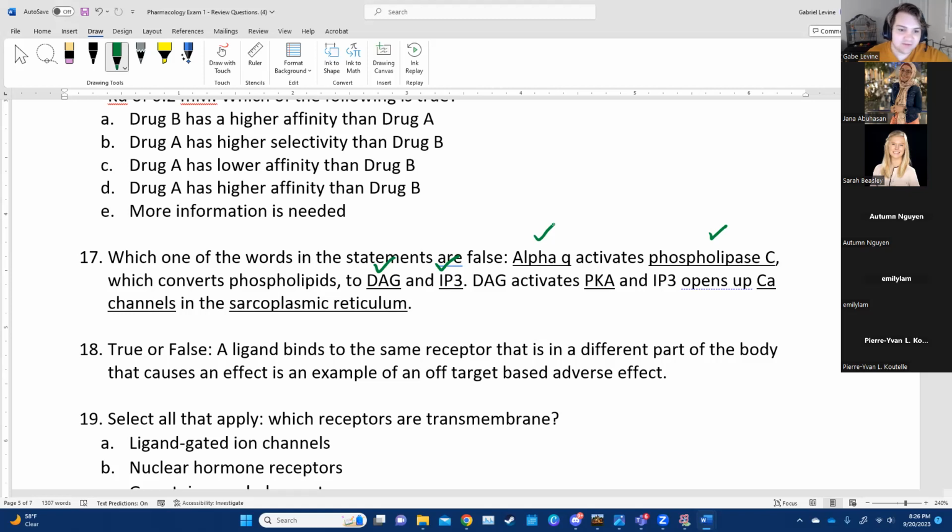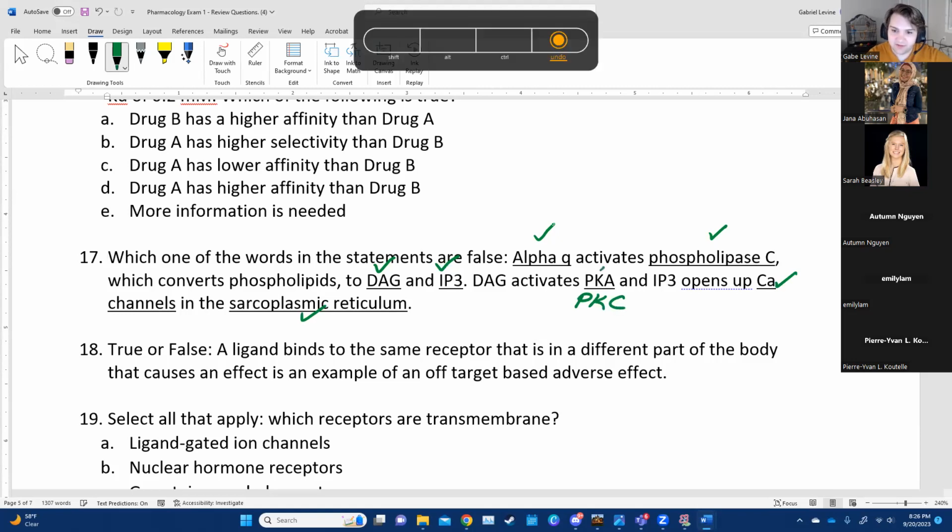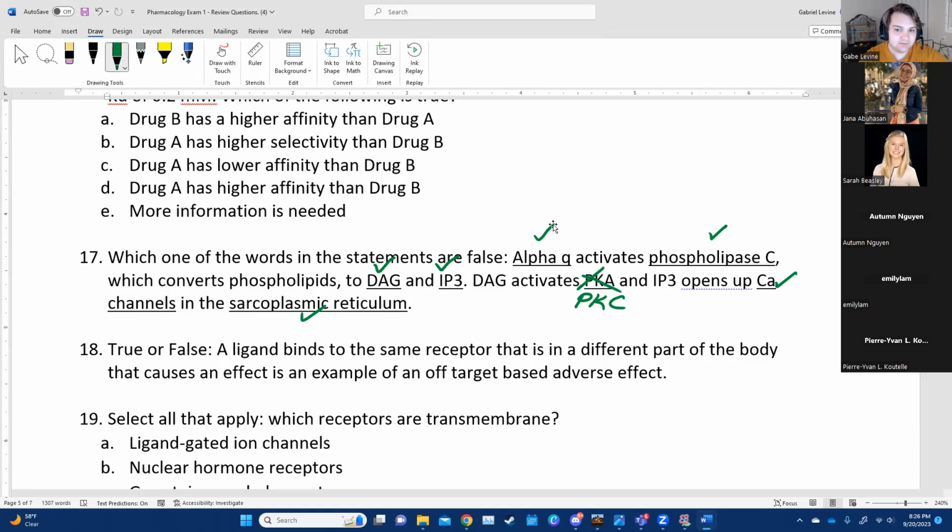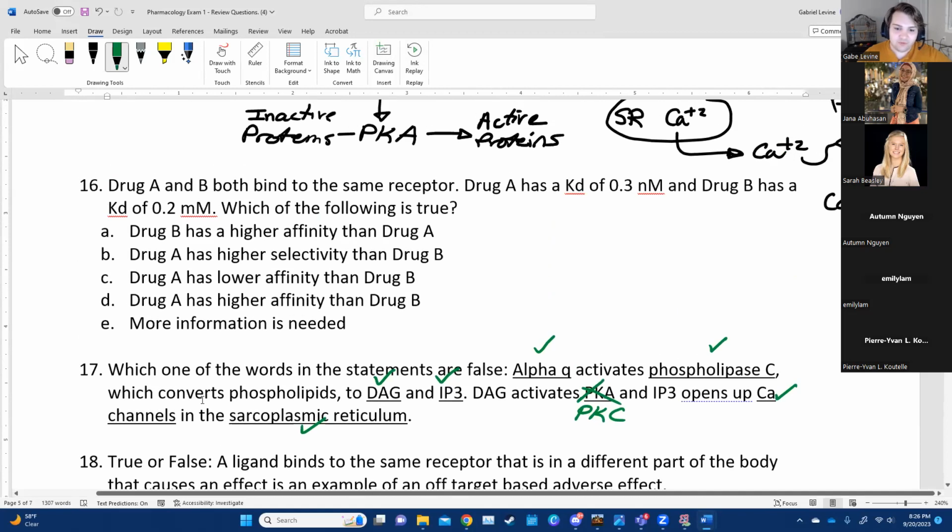IP3 opens up calcium channels in the sarcoplasmic reticulum. Well, we know that IP3 opens up calcium channels, and that is found in the sarcoplasmic reticulum, but DAG activates PKC, not PKA. Whoever wrote that sentence is an idiot. Should have known.